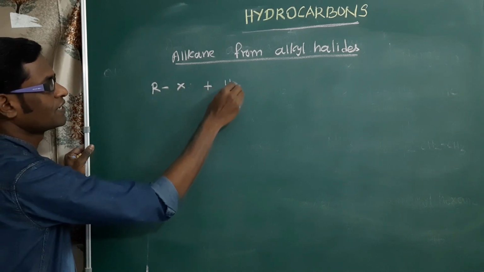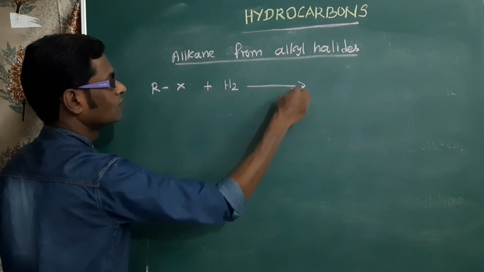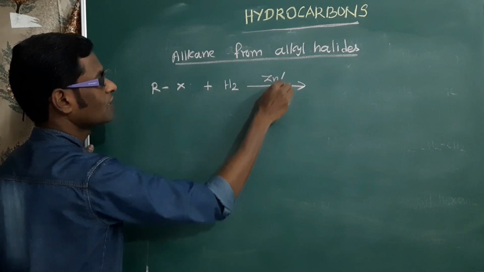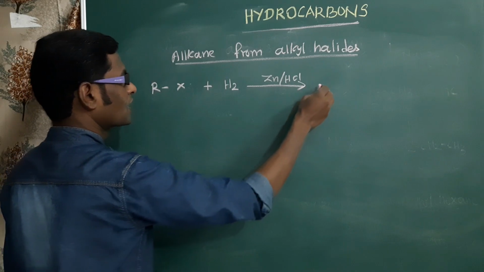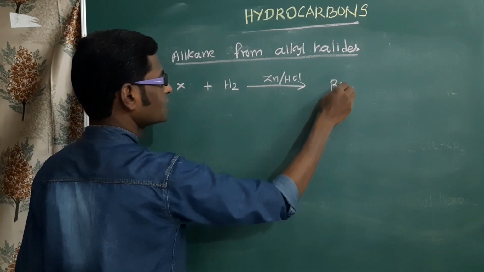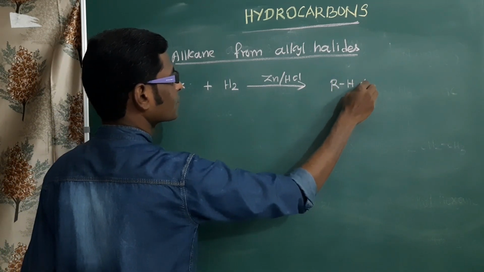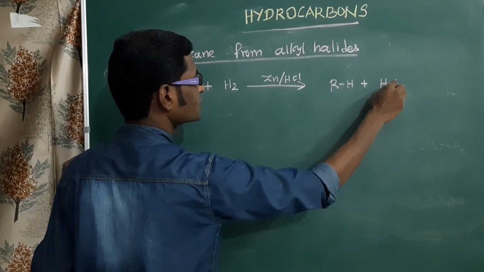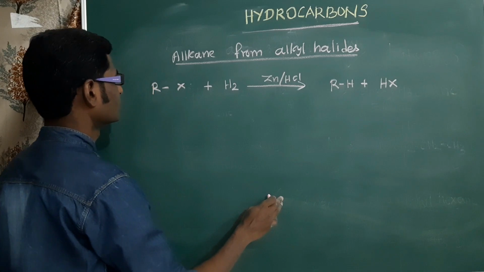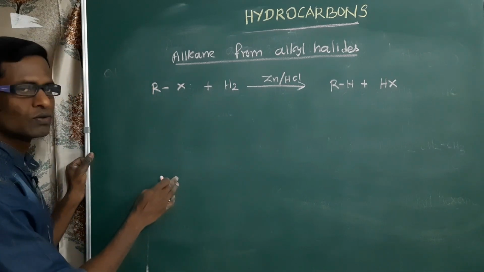RX treated with hydrogen in the presence of zinc and hydrochloric acid. A substitution reaction occurs. The halogen is replaced by hydrogen. The replaced halogen combines with another hydrogen to form a halo acid. So the alkyl halide is converted into alkane.